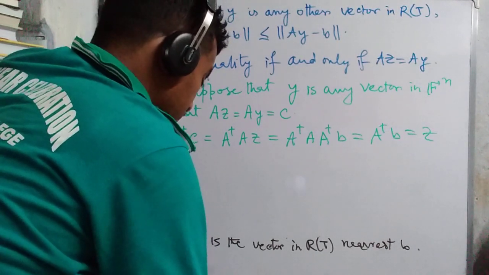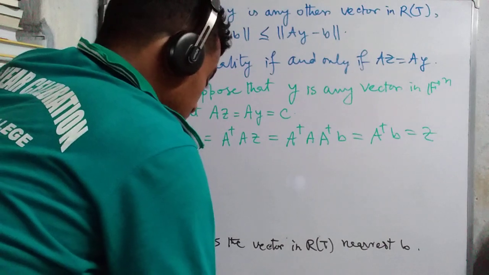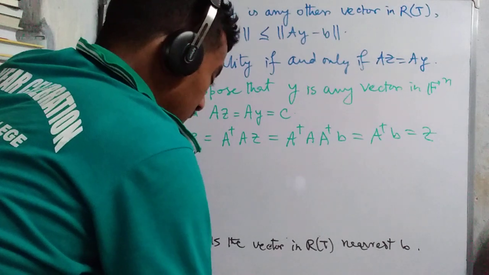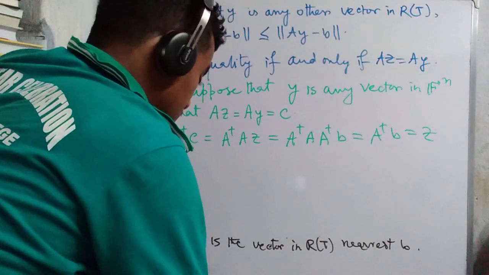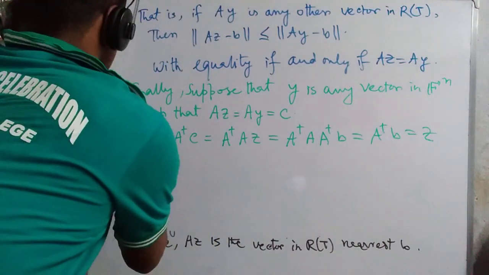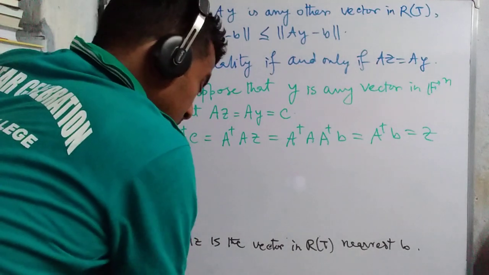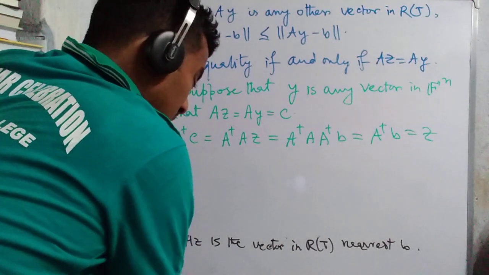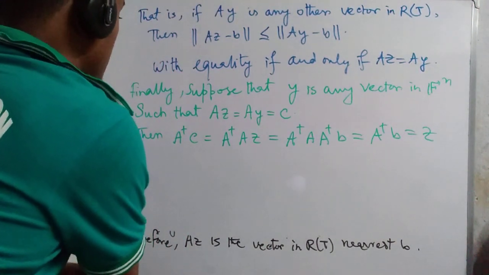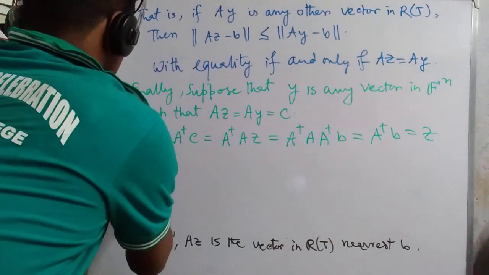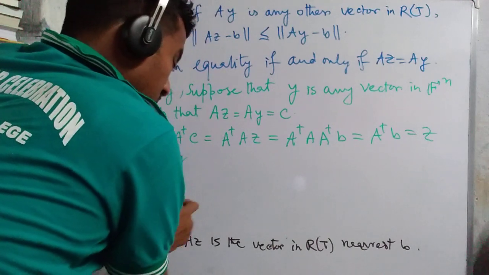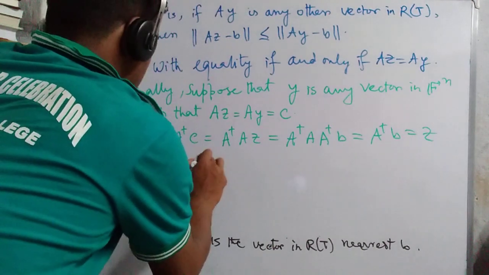Okay, that means here we apply this one and part A of this theorem to the system Ax equal to C. Okay, and then what happened? Then we also see that norm Z less than equal to norm Y. Okay, that means we apply part A of this theorem.